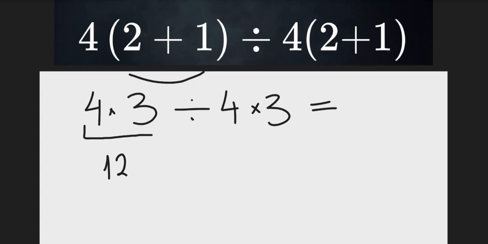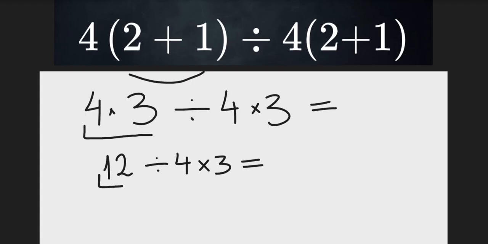4 times 3 is equal to 12. 12 divided by 4 times 3. Again, division and multiplication have the same priority. So multiplication doesn't have priority over division. We don't do 4 times 3 first.